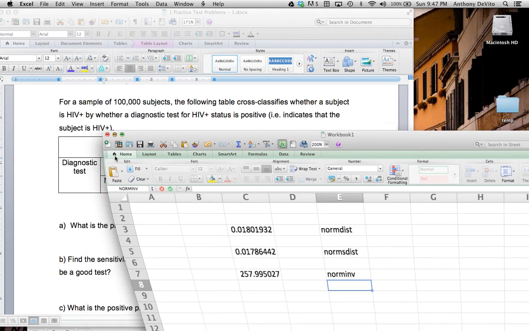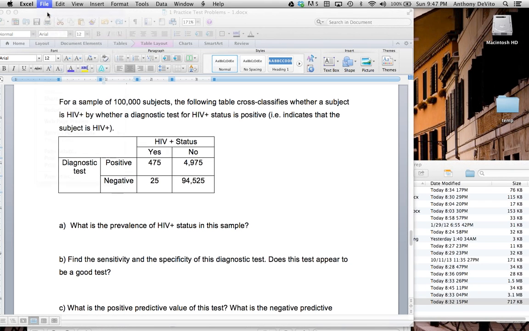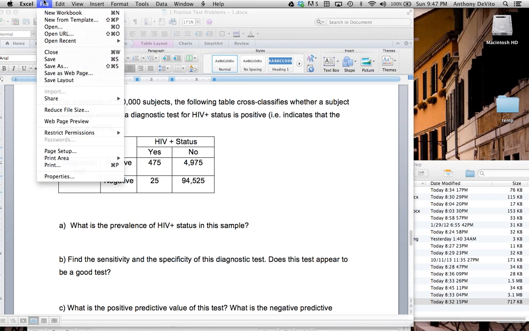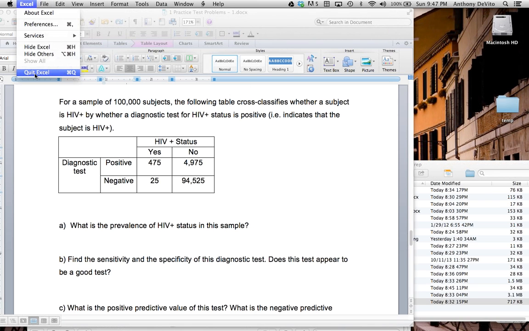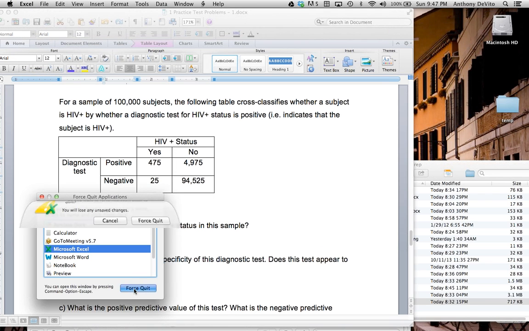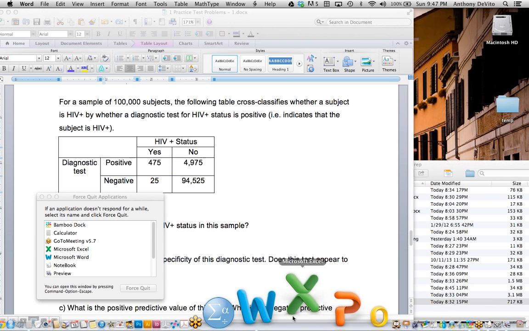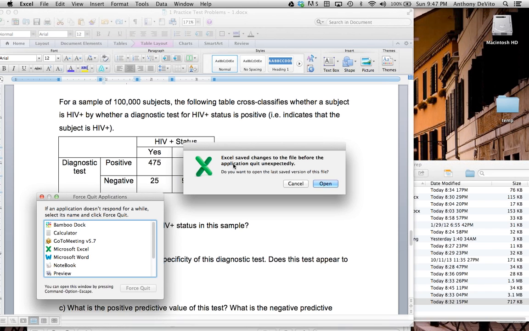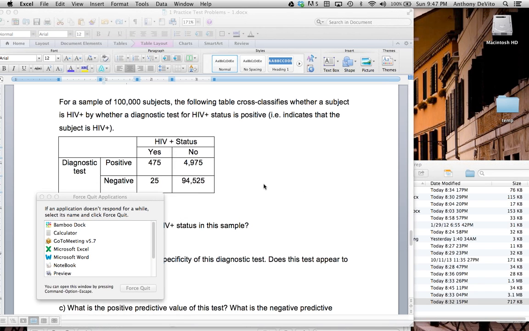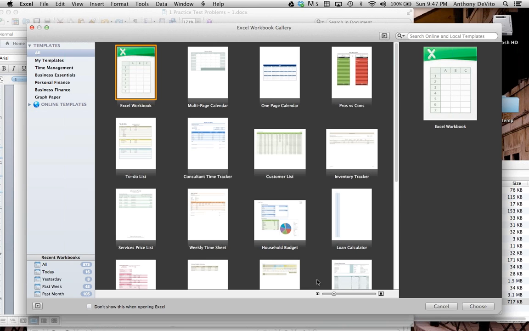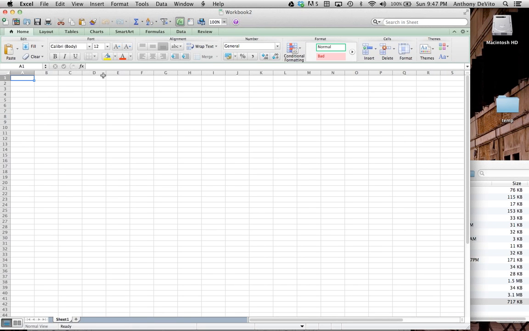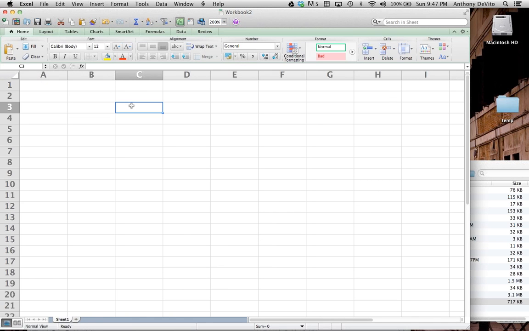Something's buggy. Let me quit Excel and reopen it. I'm going to have to force quit it. Let me reopen it. Okay, I'll cancel this. Let me blow this up a little bit and see if it'll let me do it now.